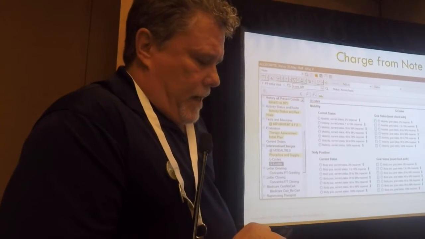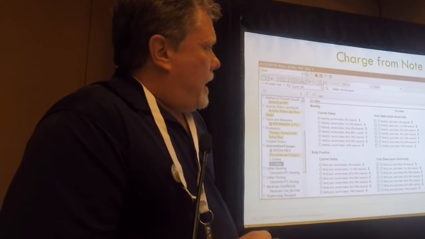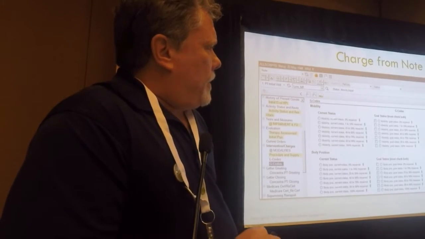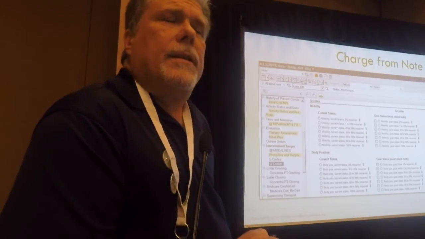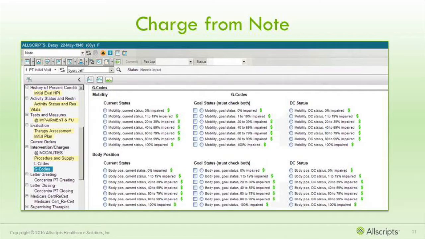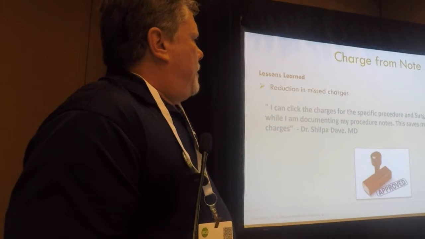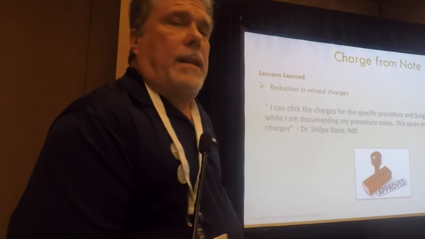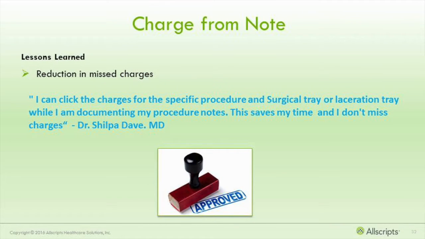And this was the example that I showed you on the back end, where I had to put all of these options on a form, and they were all linked to the same charge code, and what was unique about each of these options was that internal modifier. So really the lesson learned here was that we did see a significant reduction in missed charges around those procedure forms, right?